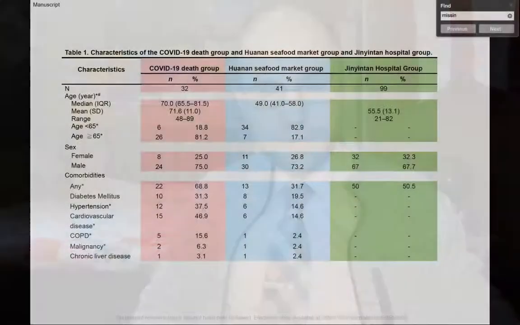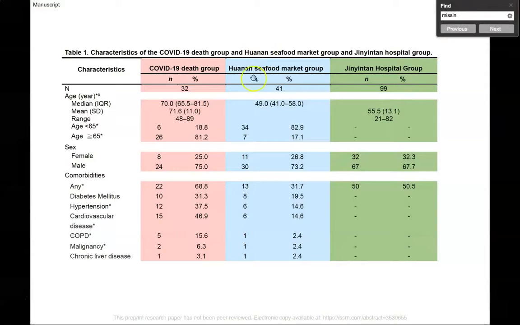In this particular study, we have the COVID-19 death group, people that died with it. We have people in the Wuhan seafood market group that got COVID-19. So they're comparing those that died versus those that were at the seafood market.